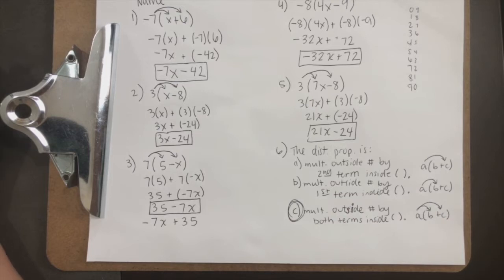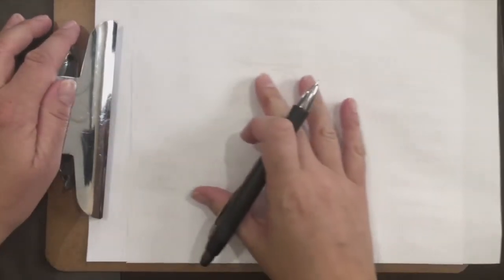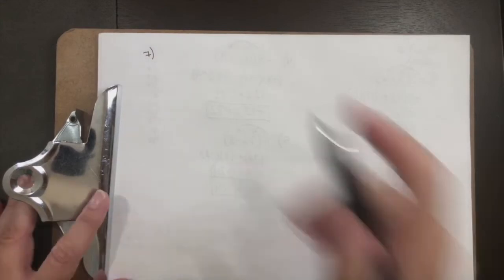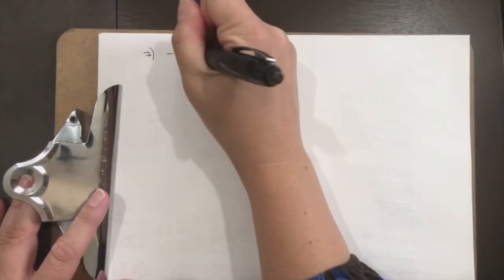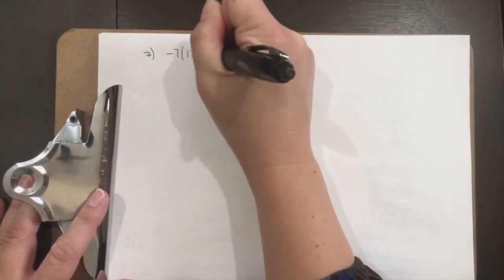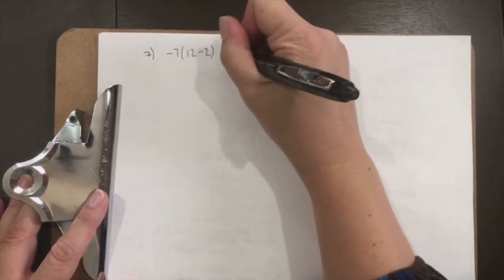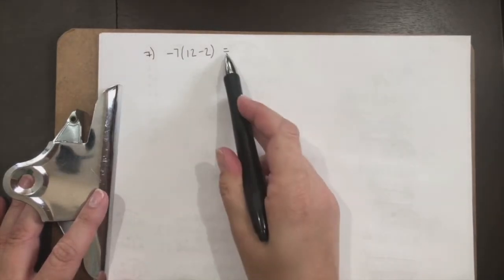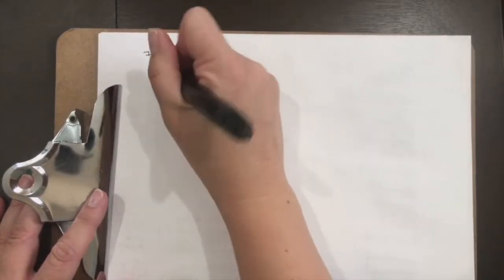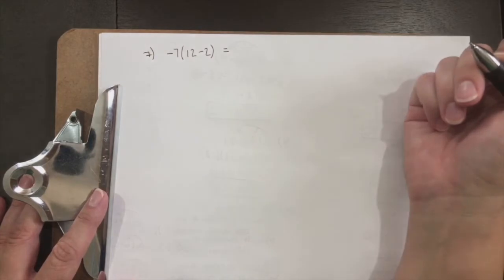All right, let's turn my paper over and do number 7. You might still have room on the front of your paper if you're holding it the other way. Number 7. -7(12 minus 2) is equivalent to, and equivalent to is kind of like equals. And then we've got some choices here.